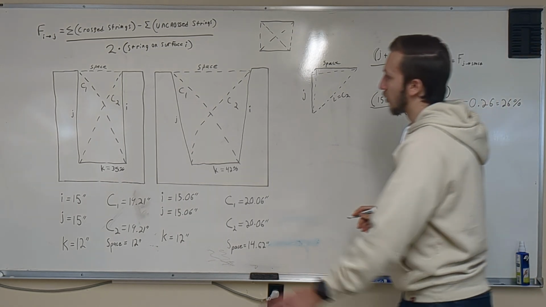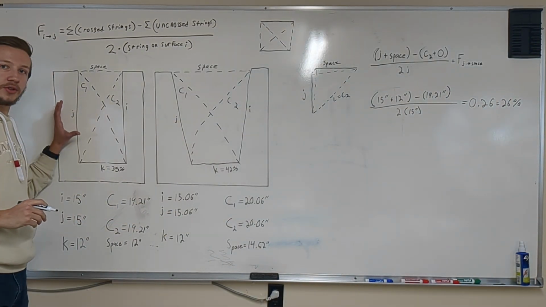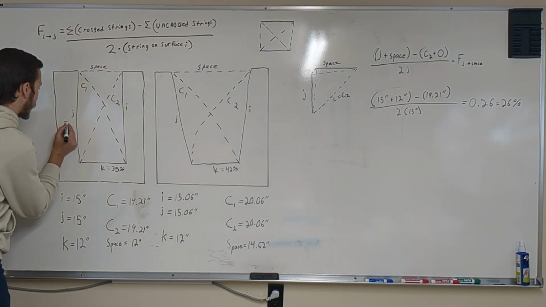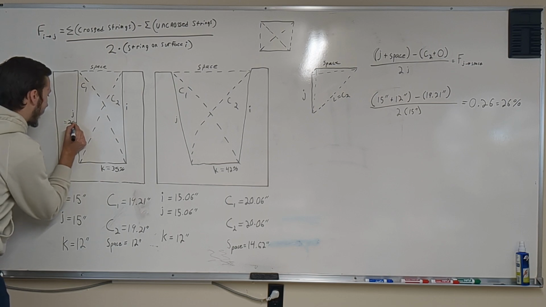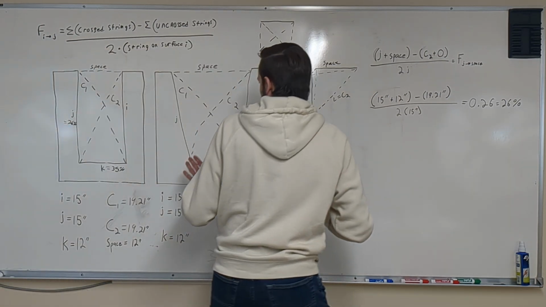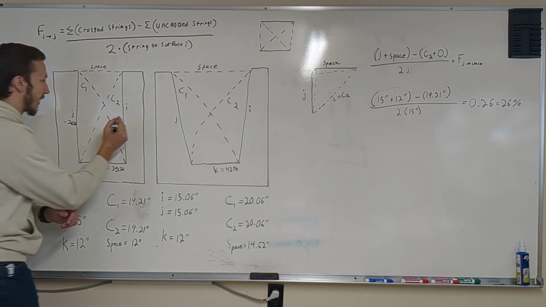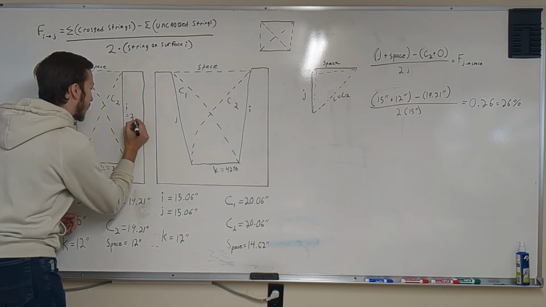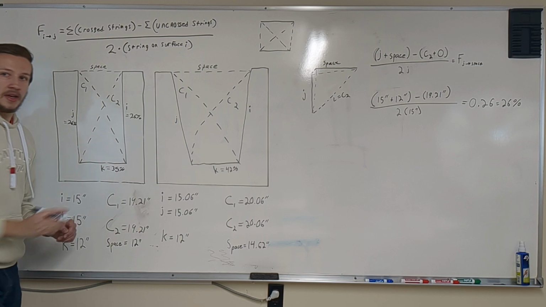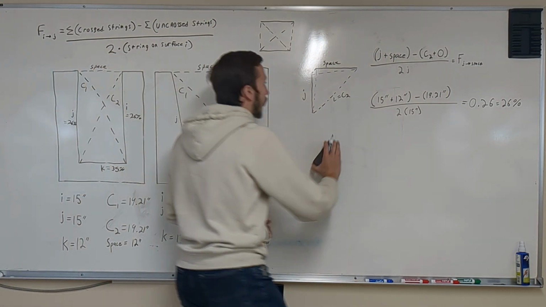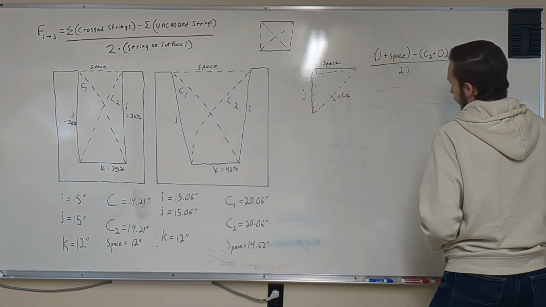So 26% of J's field of view will be space for the straight-walled street canyon. Due to the fact that they have the same geometry, this will also be the same view factor for I. So I also equals 26%. Let's do the same thing now for the angled wall street canyon.